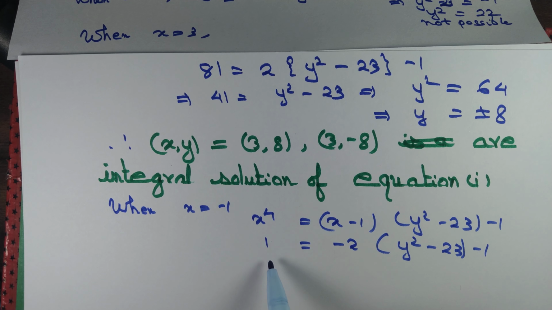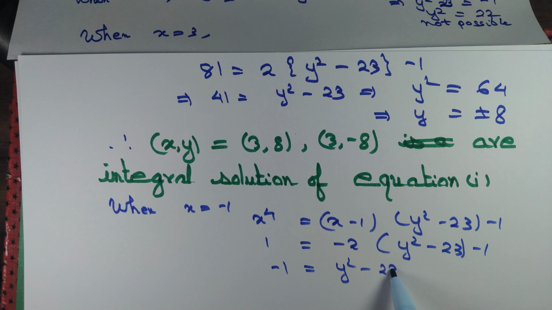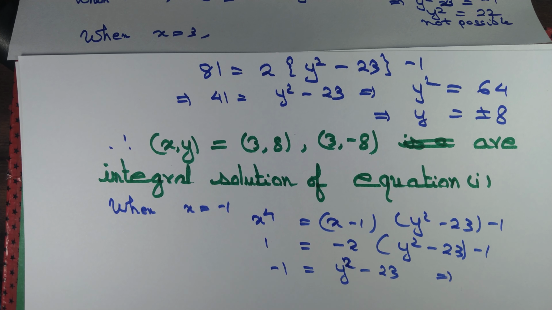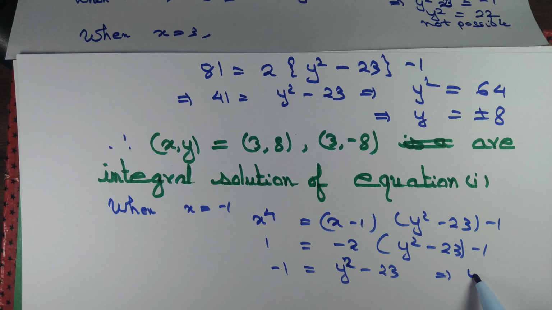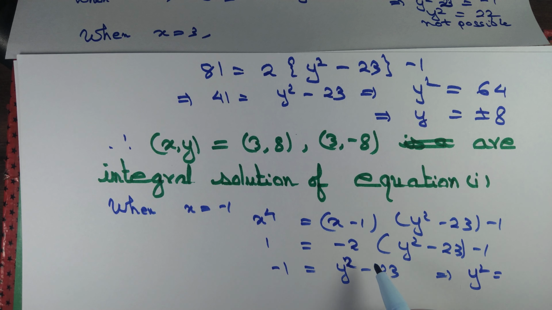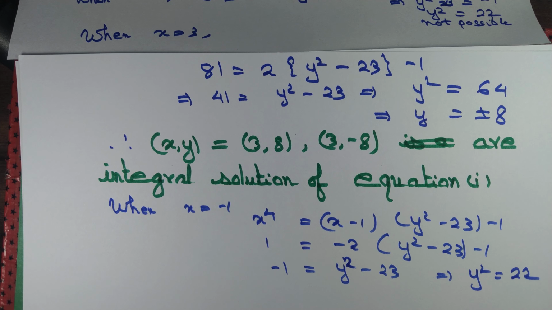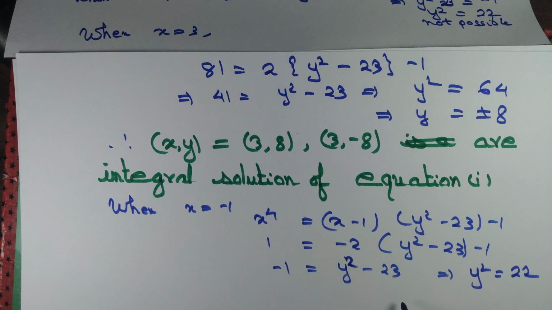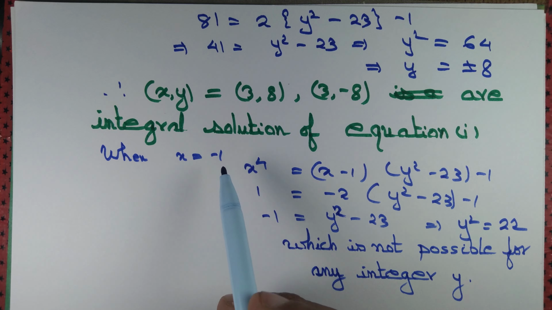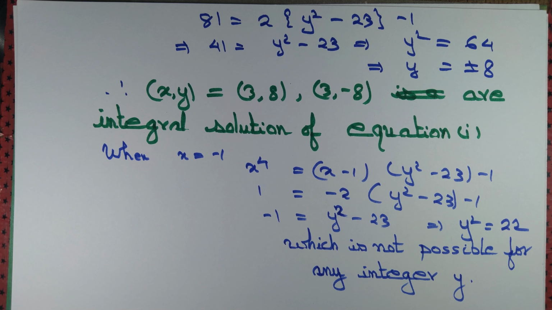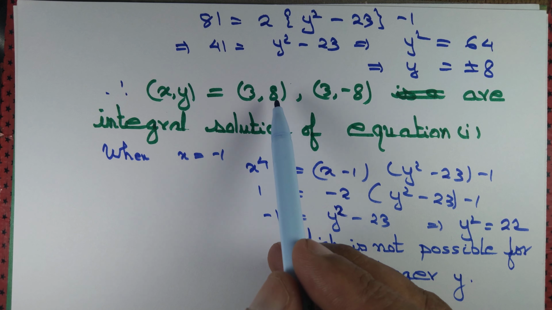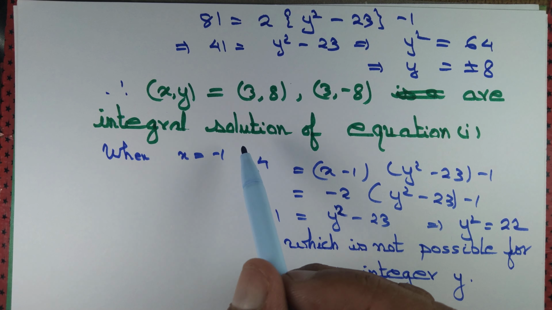Take minus 1 to the right hand side, you will get plus 2. And 2 divided by minus 2 is minus 1 equal to y square minus 23. So y square equals 23 minus 1, which is 22. Again, not possible, so we won't get an integer solution. So we see that (minus 1, y) does not satisfy the given equation. In fact, 3, 8 and 3, minus 8 are the only solutions.